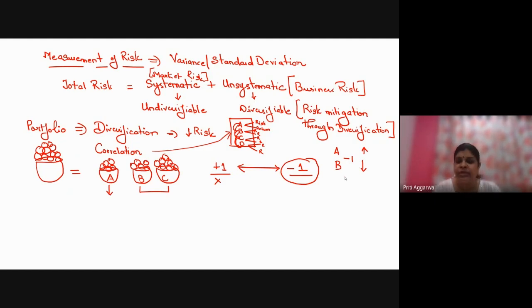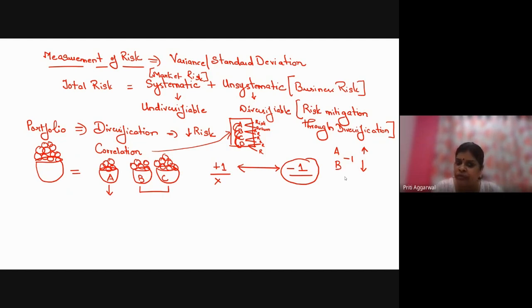Right? And that is the reason that for diversification purposes, we try to add more and more securities or more and more asset classes in our portfolio wherein there is a negative correlation that remains. Right? That is how we understand how to develop a portfolio.